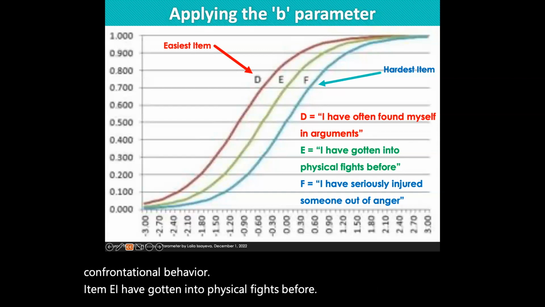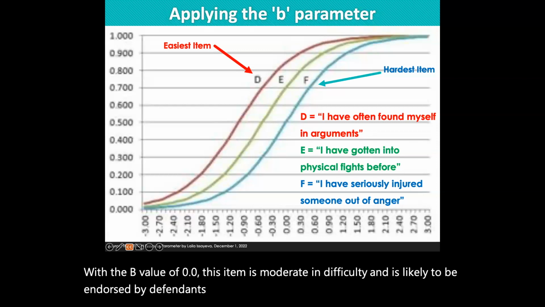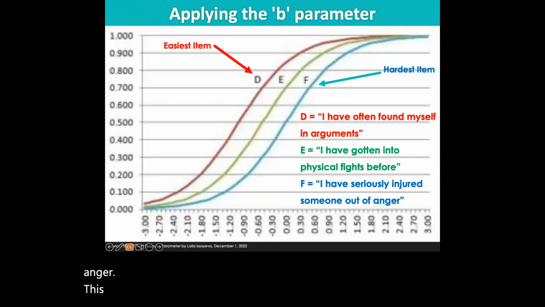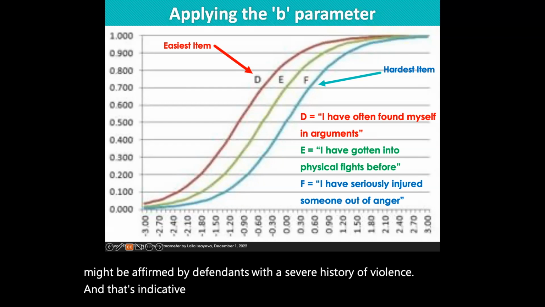With a B value of 0.0, this item is moderate in difficulty and is likely to be endorsed by defendants with a moderate history of violent behavior. Then we have item F, which is, "I have seriously injured someone out of anger." This item's high B value of 1.0 suggests it is quite difficult to endorse, and it might be affirmed by defendants with a severe history of violence, and that's indicative of a serious risk.